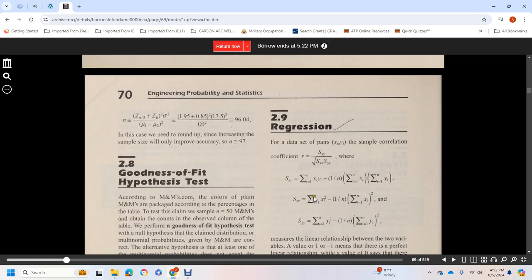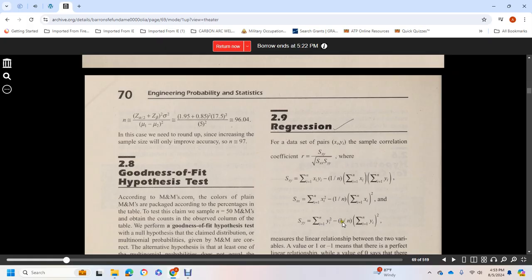Sxx is the sum of x_i squared minus 1 over n times the sum of x_i, squared, and Syy is the sum of y_i squared minus 1 over n times the sum of y_i, squared.